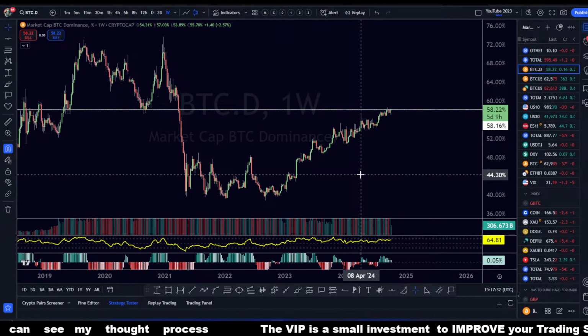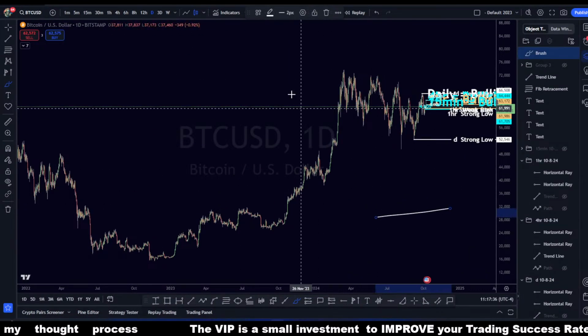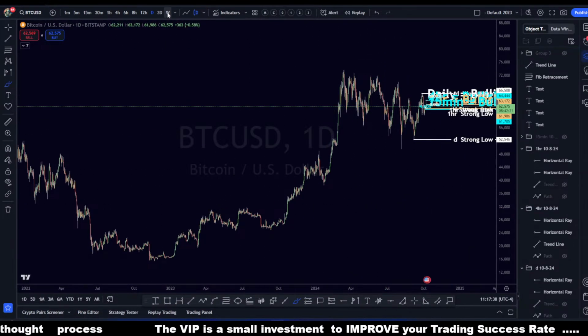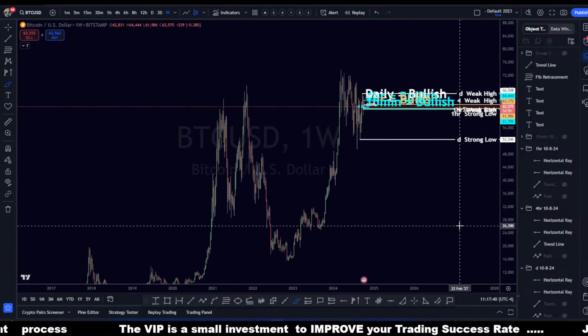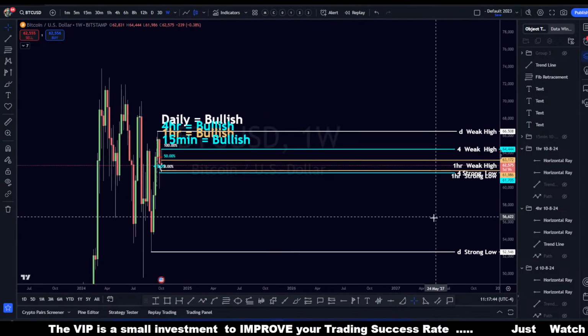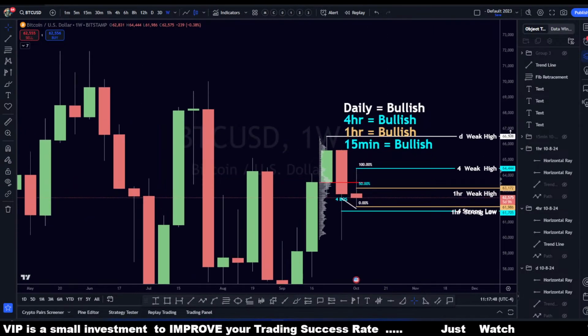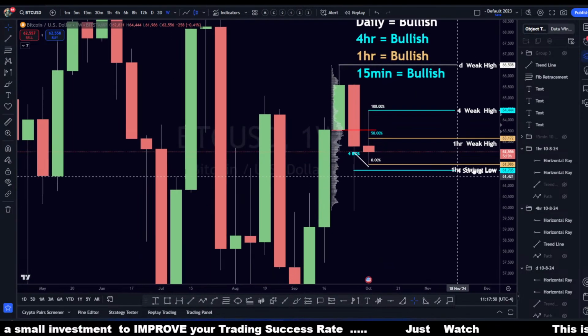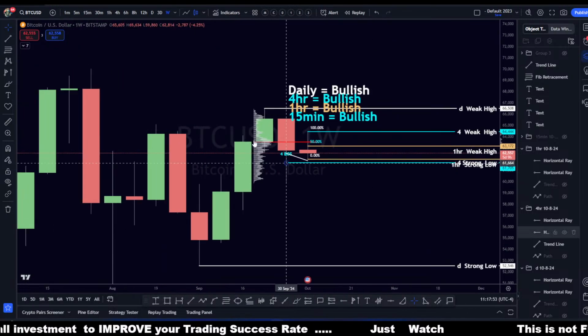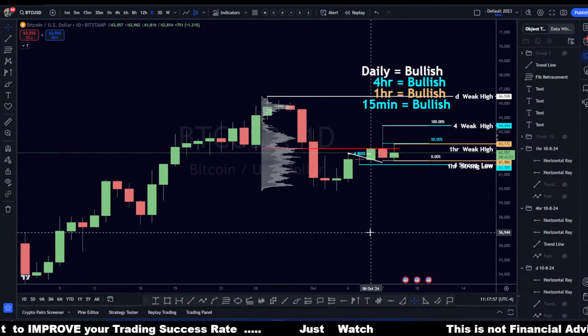And I do think that when we hit our weekly level, it is our daily not strong level, which is 66.5.